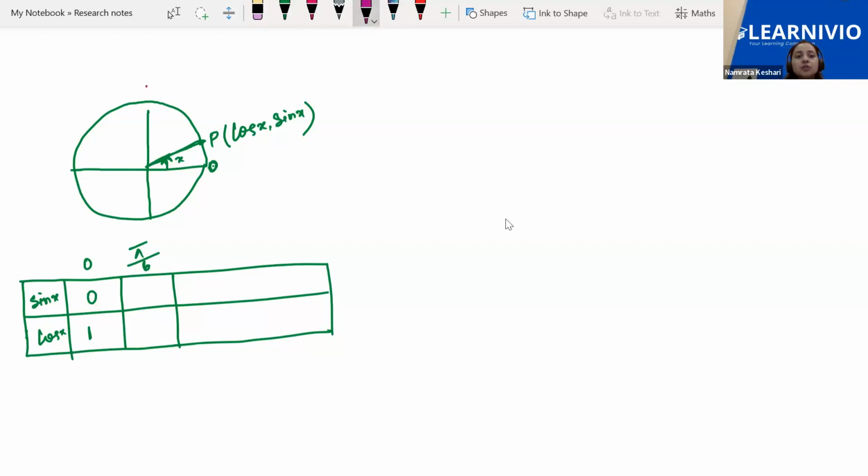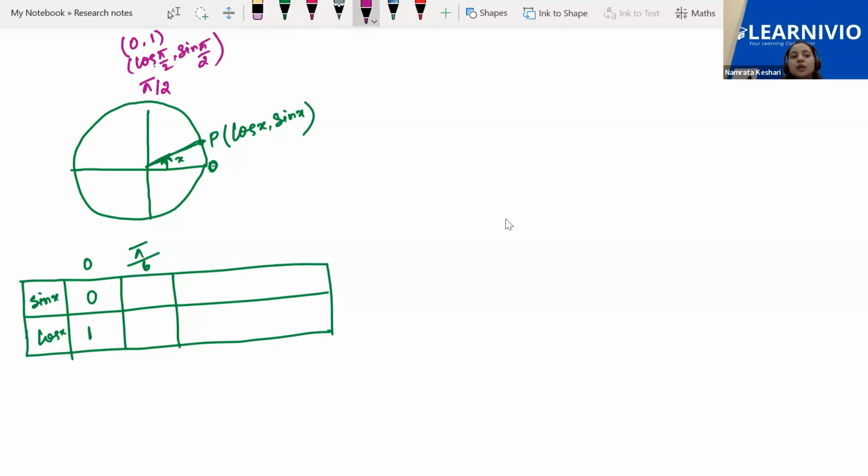If we focus on pi by 2, the coordinate is cos pi by 2, sin pi by 2. And the coordinate in this unit circle was x is 0, y is 1. So cos pi by 2 is 0, sin pi by 2 is 1.